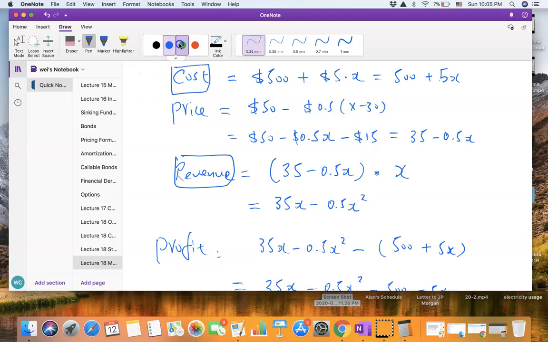Oh, sorry. I think I made a mistake. Here is 50 minus 0.5 times x minus 30, so that is a plus 15.